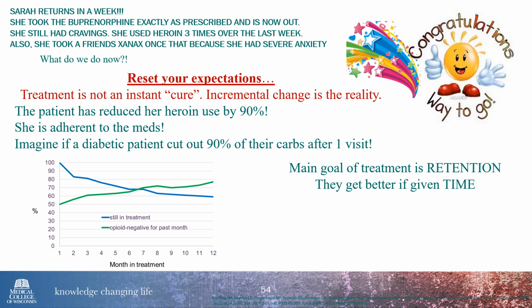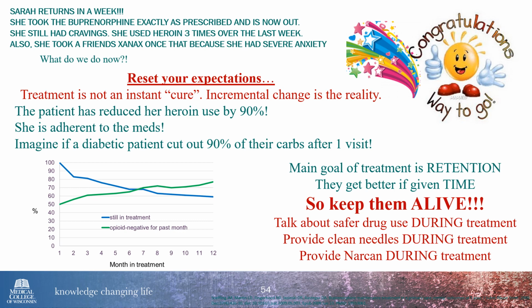So what the evidence says is that the longer someone is retained in treatment for their substance use disorder, the more likely they are to develop an opioid negative urine. People aren't just going to instantly change and instantly give up all their opioids all at once. We need to keep people alive.